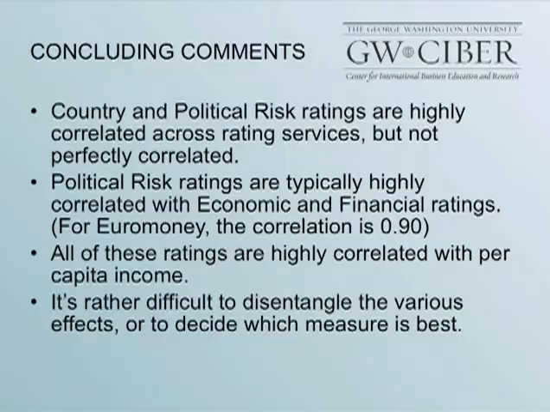I mean, this has been over the last decade or so, and have found that generally these indices are all highly correlated with per capita income. If you're a rich country, you have a high credit rating, you've got a very low probability of default, you've got low political risk. If you're a low per capita income country, you've got all the problems associated with being a low per capita income country.